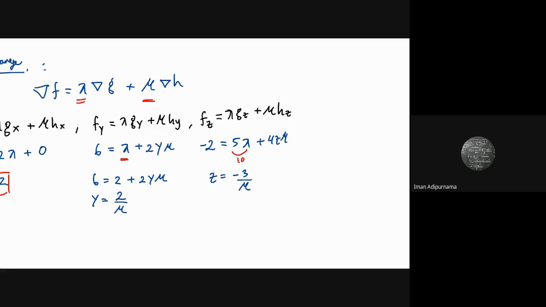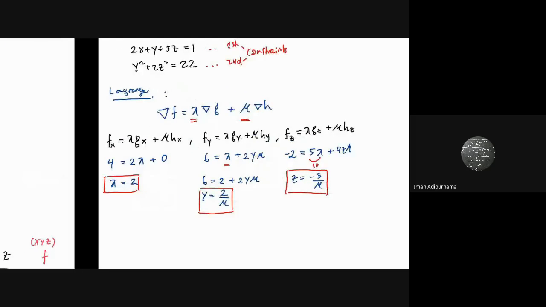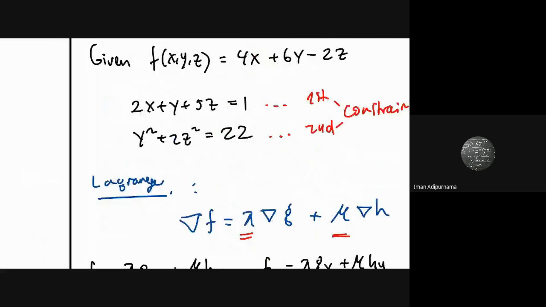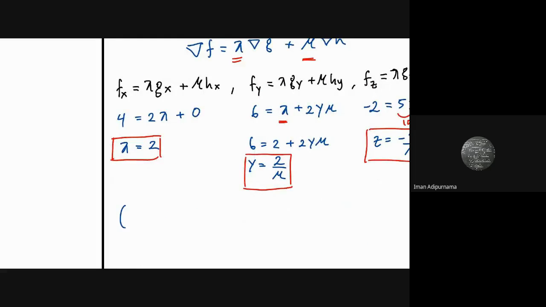Now we have equations for y and for z, right? And if we look at the second constraint, we can use y and z in it. Now we can take this y and z into the equation.